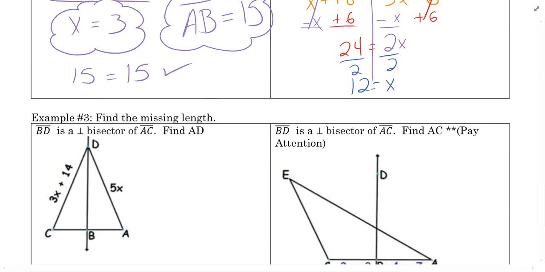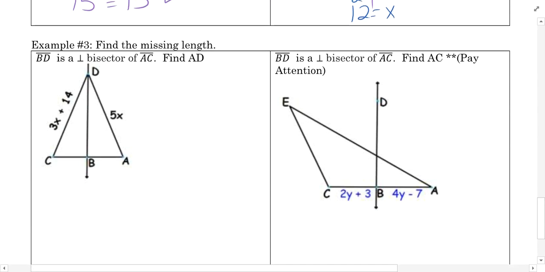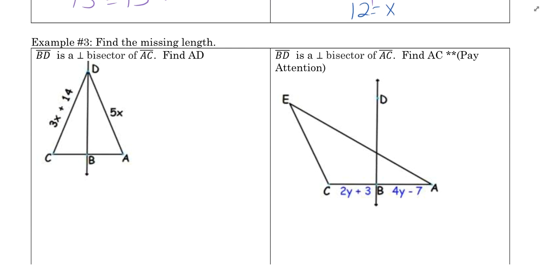If we move down to example 3, here we're using the converse. It says BD is a perpendicular bisector of AC. Find AD. So we set our two line segments equal to each other: 3x plus 14 is equal to 5x. Then we can solve.